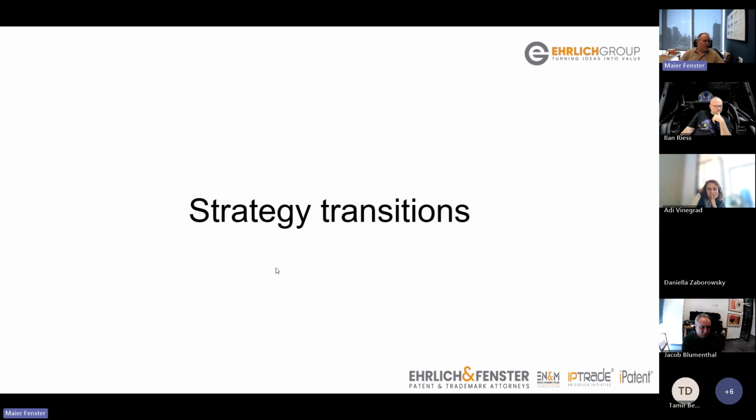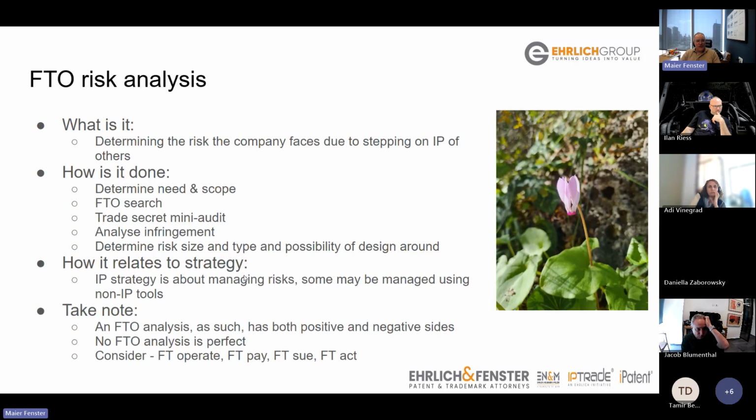Okay, these were all prerequisites and there are many more, but I chose to focus on these. Transitions, like I said, have some analysis involved, but they still don't get to the level of being parts of a strategy. Here's one of them, freedom to operate risk analysis. So what is it? You're trying to figure out how much risk the company faces due to infringing or some other kind of stepping on IP of other people.